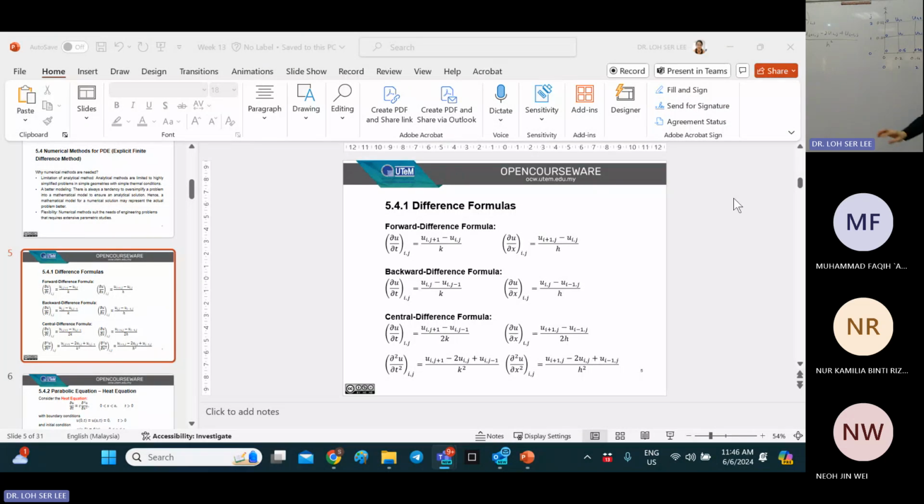Okay. Next, we will move the k to the right. We want this to stay on the left. Okay, Uij plus 1. Okay, k, bring it to the right. When k goes, it goes up over h squared. Substitute the k and h, and at the same time, you can bring this right.